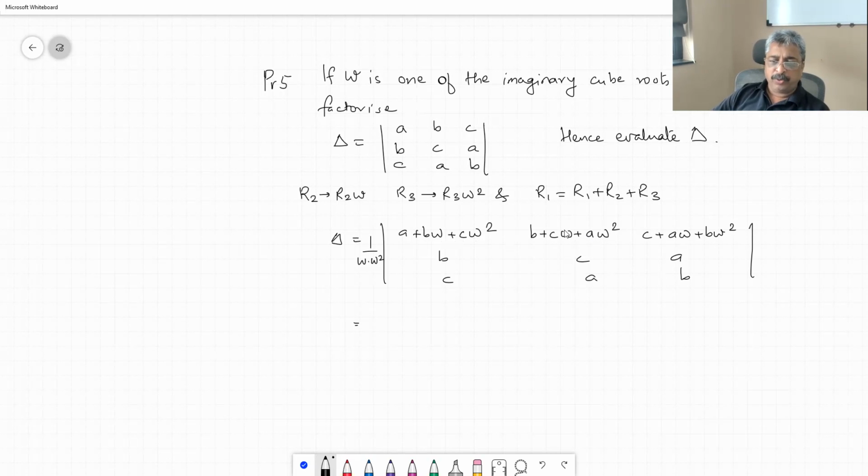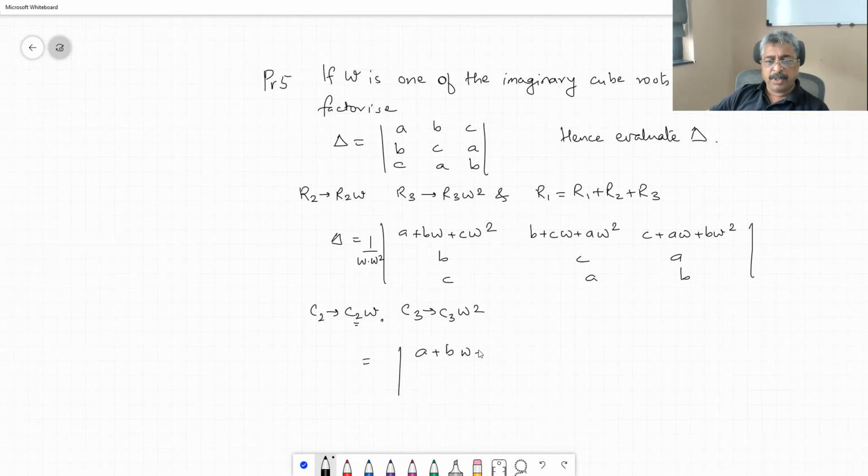So what should I do? I multiply column 2 by omega, C2 omega, and C3 omega square. So again outside there is no change, it is one and the same.